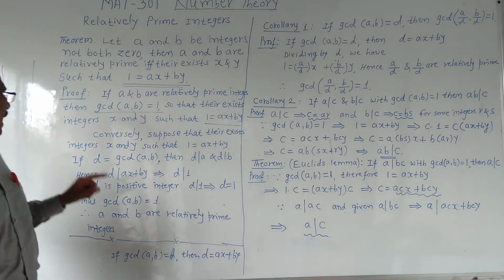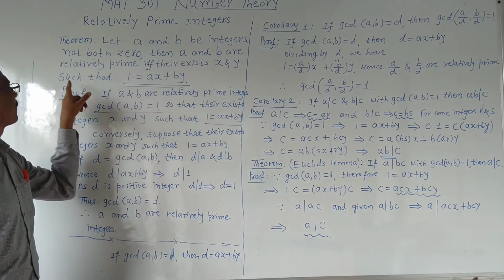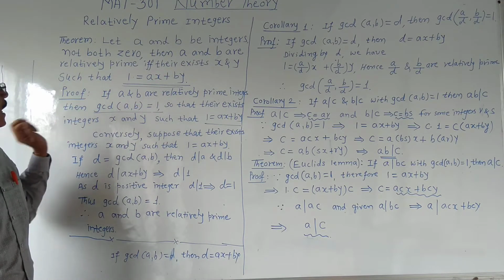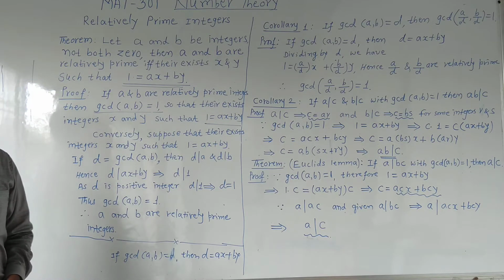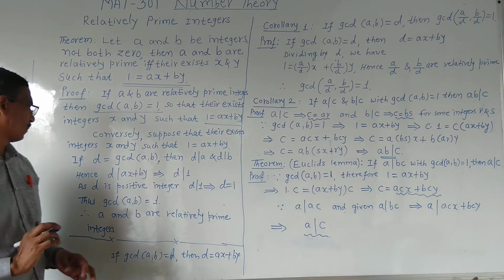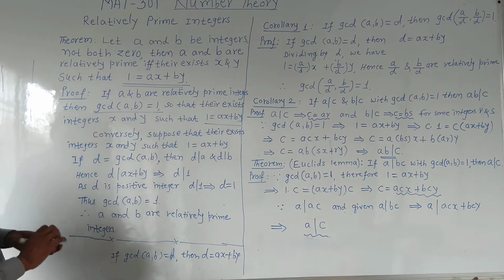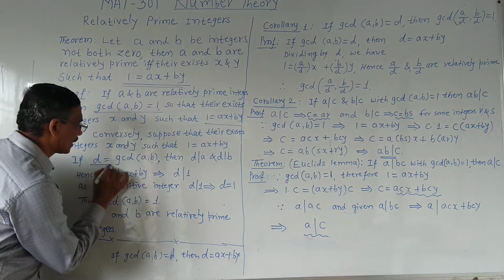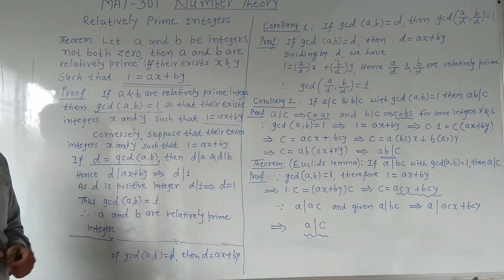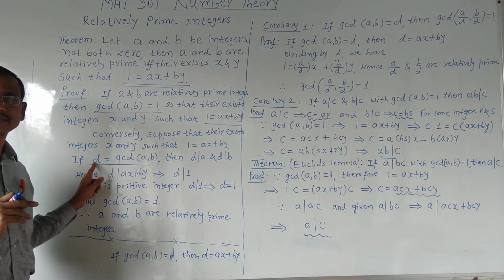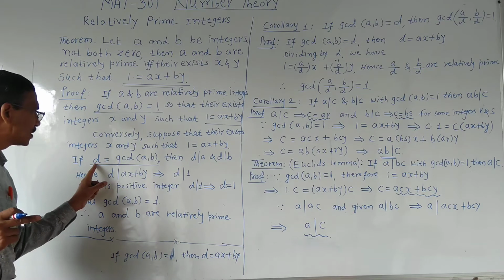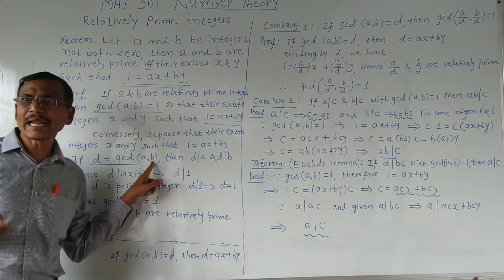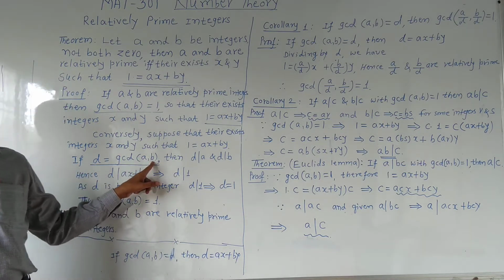That means to prove that a and b are relatively prime, we have to prove that the greatest common divisor of a and b is equal to 1. For a while assume that the greatest common divisor of a and b is d. That means we have to prove that d is equal to 1. If d is equal to 1, a and b are relatively prime integers. That is our required result.